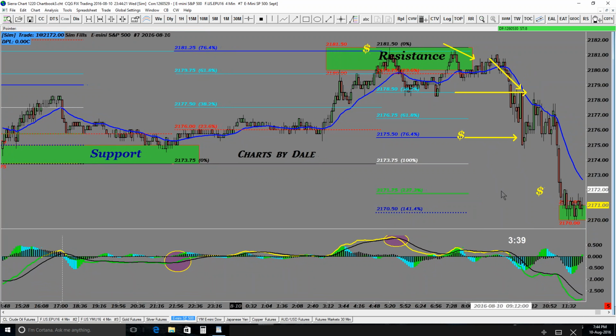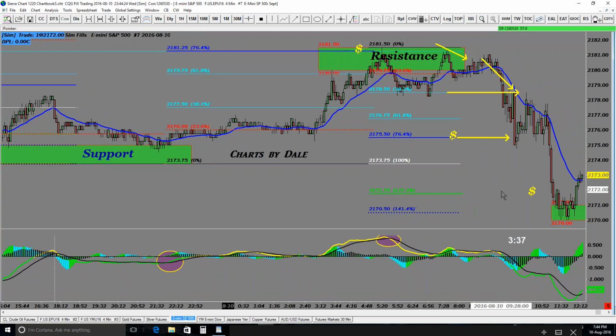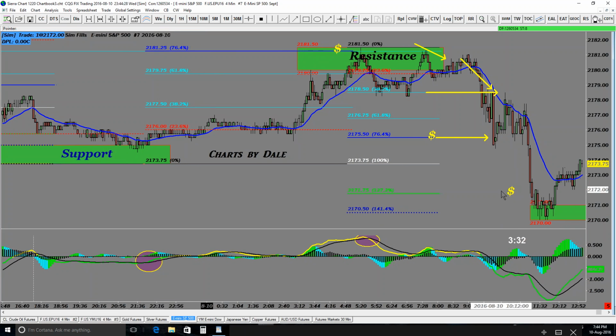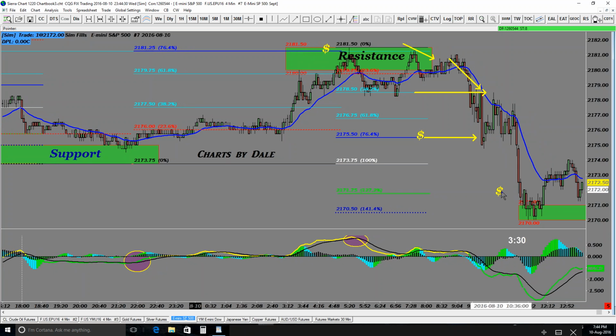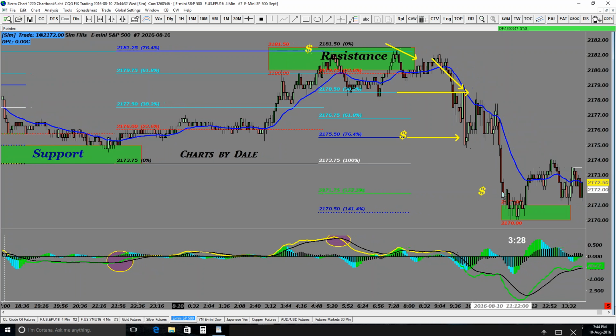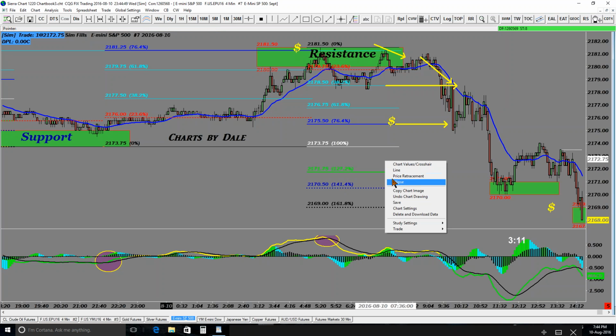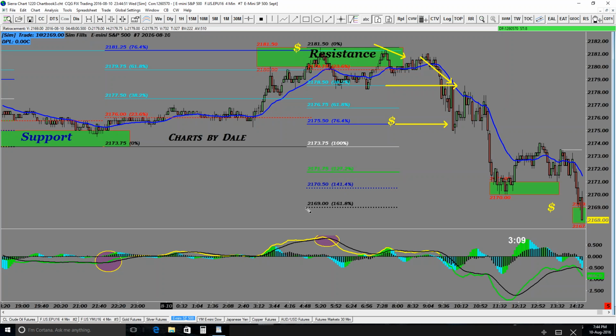So then we have another area down here once we get into this support area, and we want to see another area to pull back, and then the final destination to the downside is always right here at the 2169. So that would be your next area to take some profits out of the market if you can hang on and get down that far.